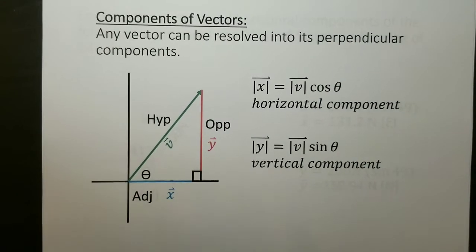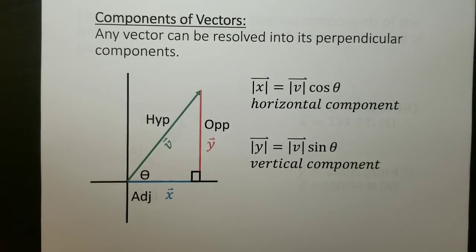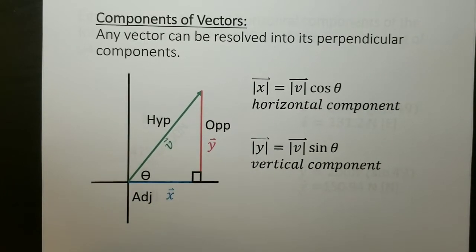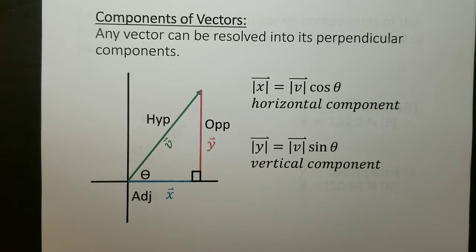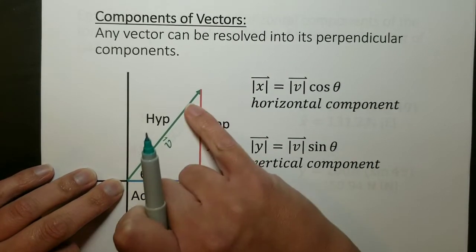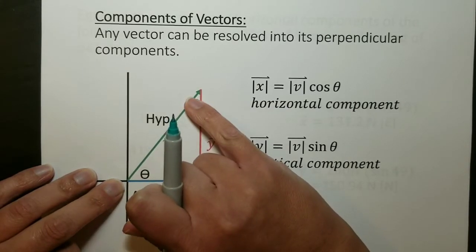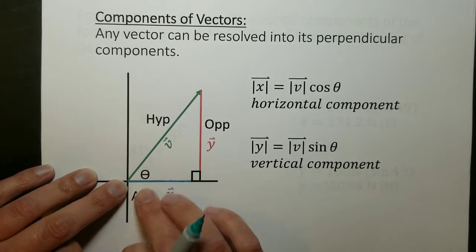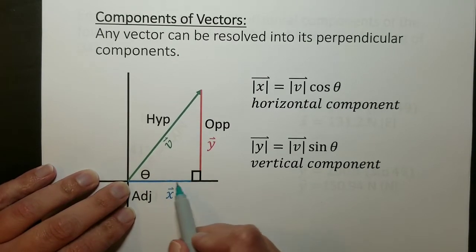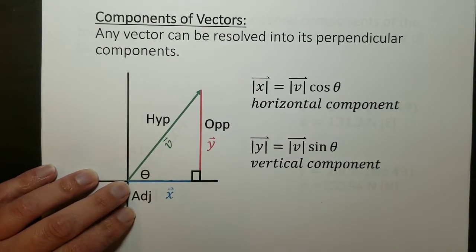The last piece goes a little bit back into our 2-dimensional vectors. If we talk about components of vectors, from a given magnitude of a vector and the angle that the vector makes, we can find how far in the X direction and how far in the Y direction that goes. So we can go back and forth.